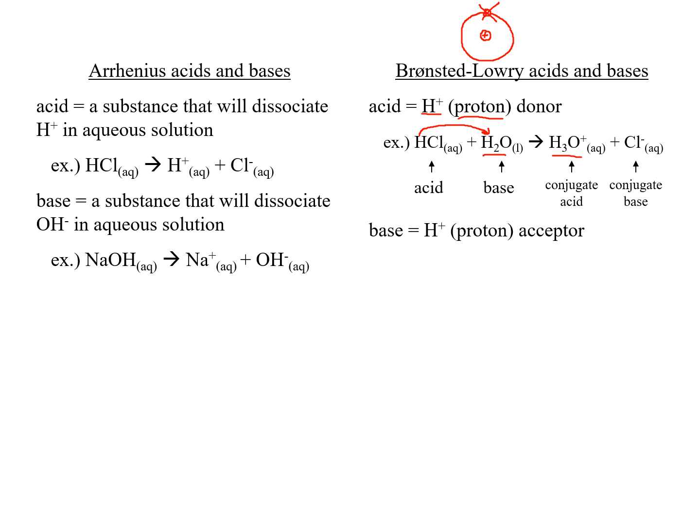So it's a proton acceptor. Anytime it accepts a proton, it's acting as a base. So notice that according to Bronsted and Lowry, bases do not have to have OH negative in them. On the contrary, they don't even have to have anywhere close to an OH negative. All they have to do is have the ability to accept an H positive. That's always what the base is.